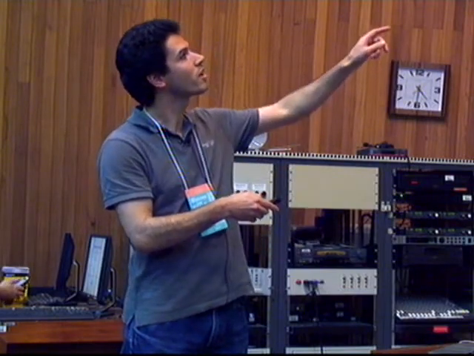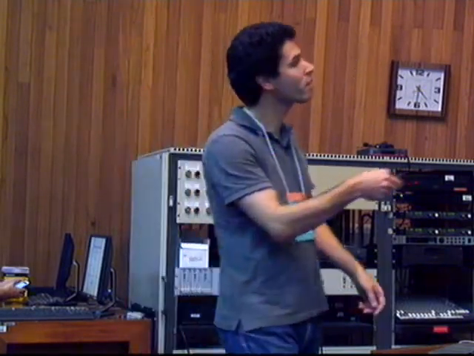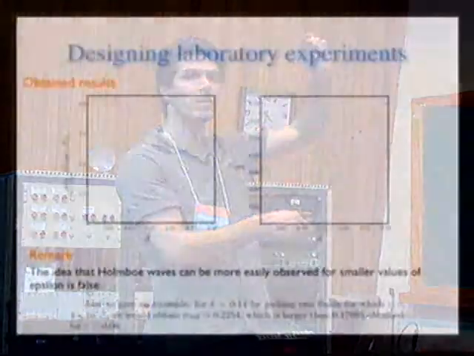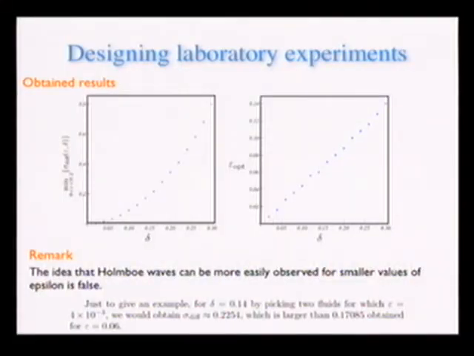Okay, let me point out this diagram. Imagine what happens here. This is the relative difference between the strengths of two unstable modes. If delta increases, I will see that the difference is increasing. So for example, at 0.5, even if there are two unstable modes, they have completely different strengths, so probably only one is showing up. So you have to go down. And around 0.2, people have already observed this.